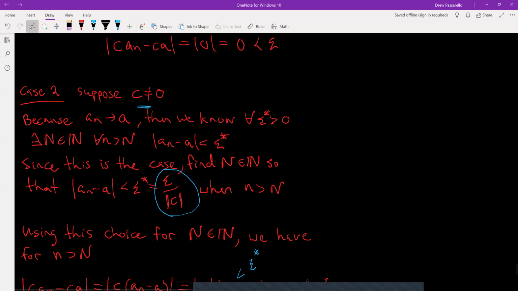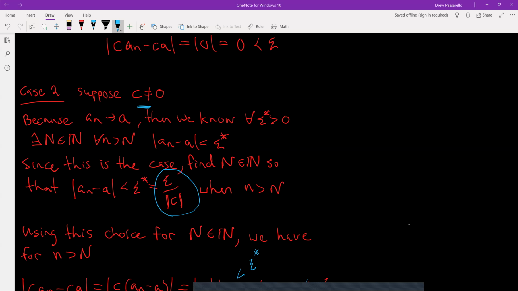And then in the case of c not being 0, we use the fact that a_n converges to a. By definition, that means for any epsilon star, there exists an index capital N such that for all little n bigger than capital N, the absolute value of a_n minus a is less than epsilon star.